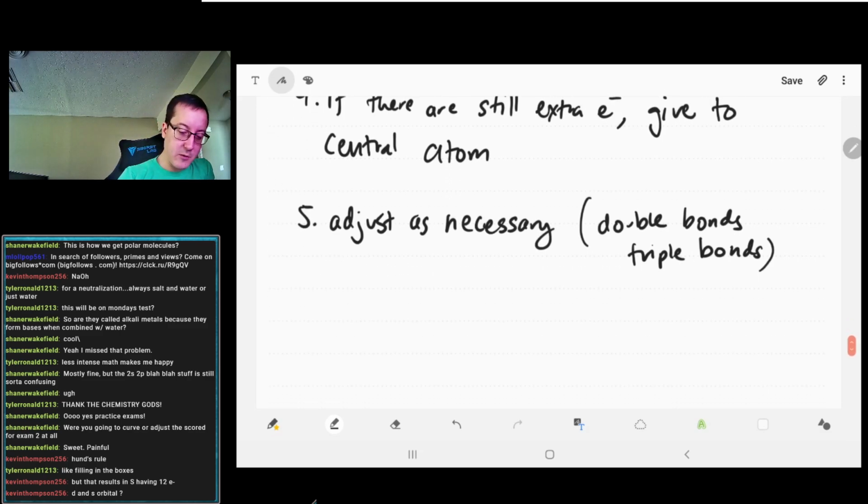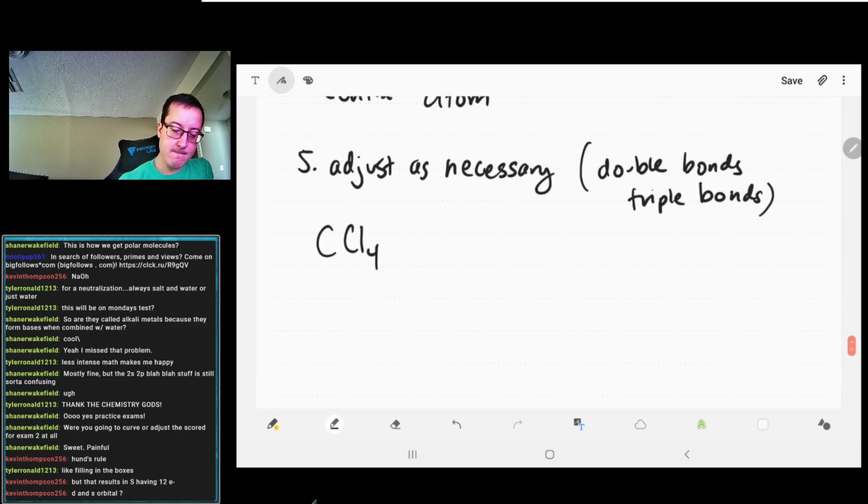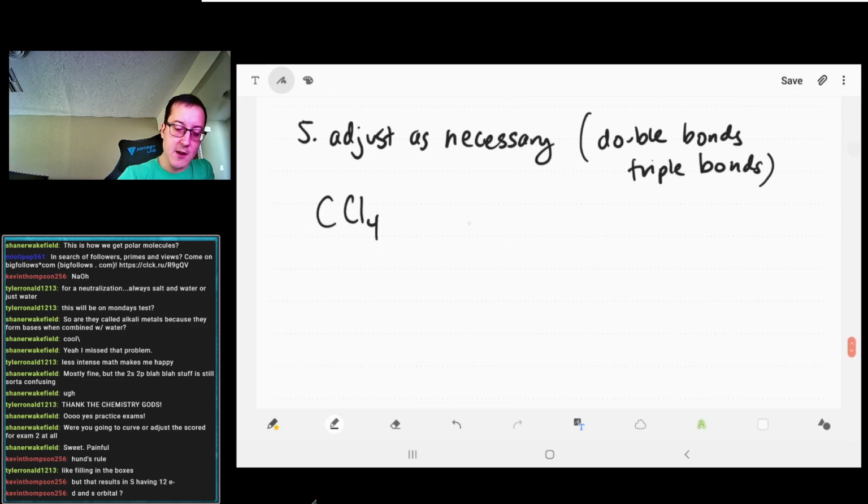So if we wanted to take a look at a different one, actually let's make it a little easier. Carbon tetrachloride. First step is to count up the electrons.